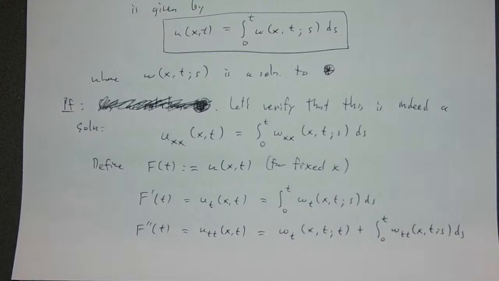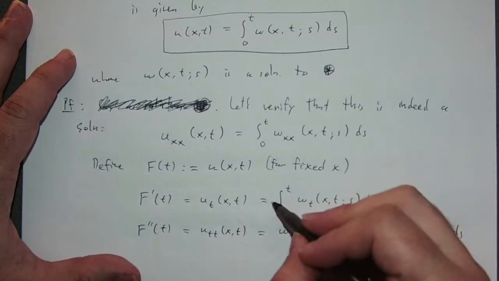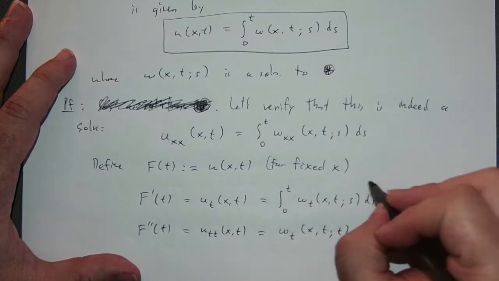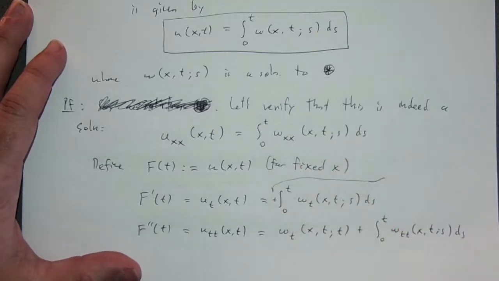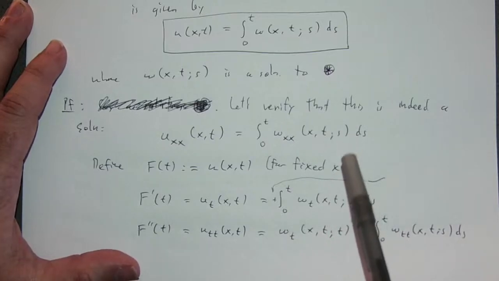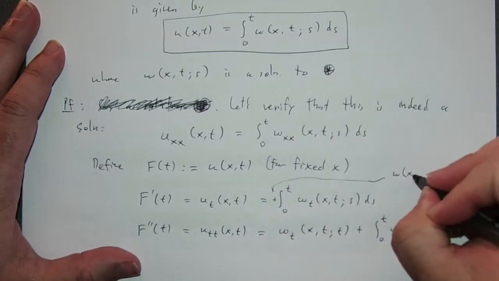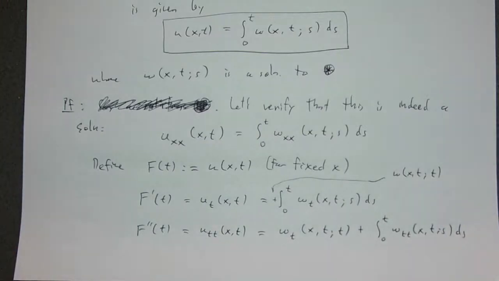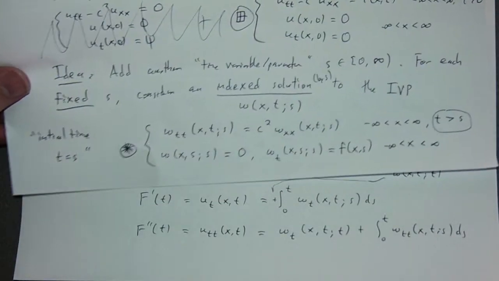Okay. Now you might say, why in this application of the Leibniz rule was there no extra term here? In the theorem that we quoted, there was an extra term. Oh, but the extra term here was w(x,t,t), but if we go back to what we're assuming w solves, oh, that's 0.